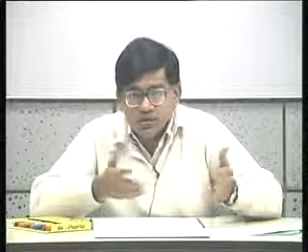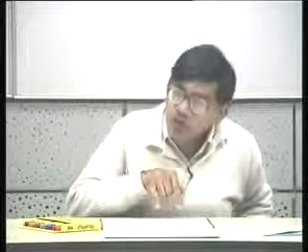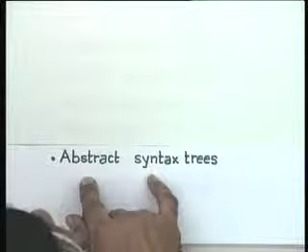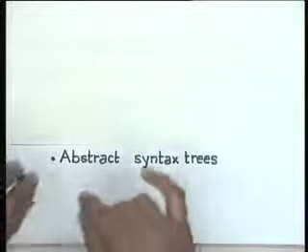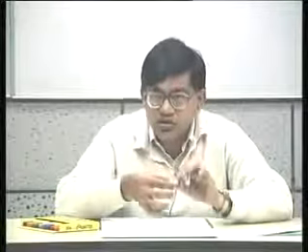Okay, so it's a reasonable compromise in a general kind of course like this to give an operational meaning which is architecture independent, which is machine independent, and which depends only upon the abstract syntax trees, because the abstract syntax trees provide a method of induction. Induction on trees is a powerful method which you can use to derive meanings of complex constructs from simpler constructs.